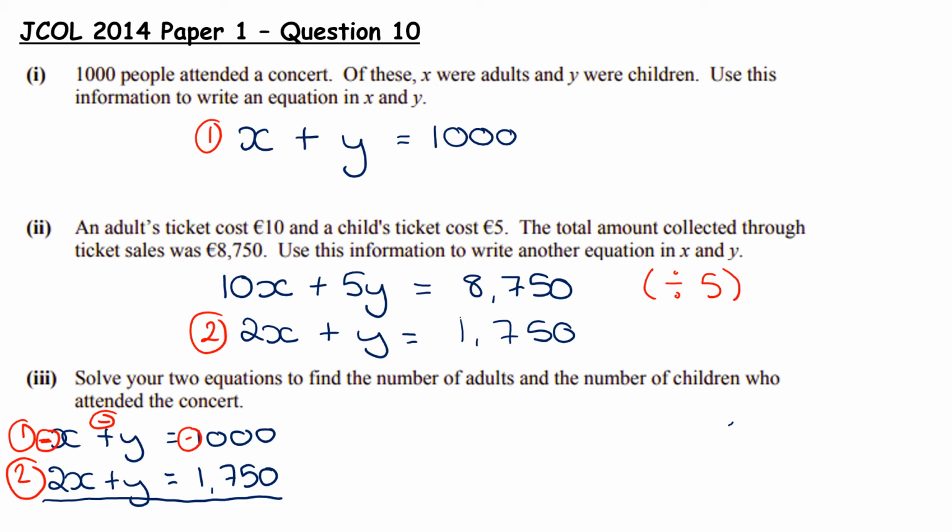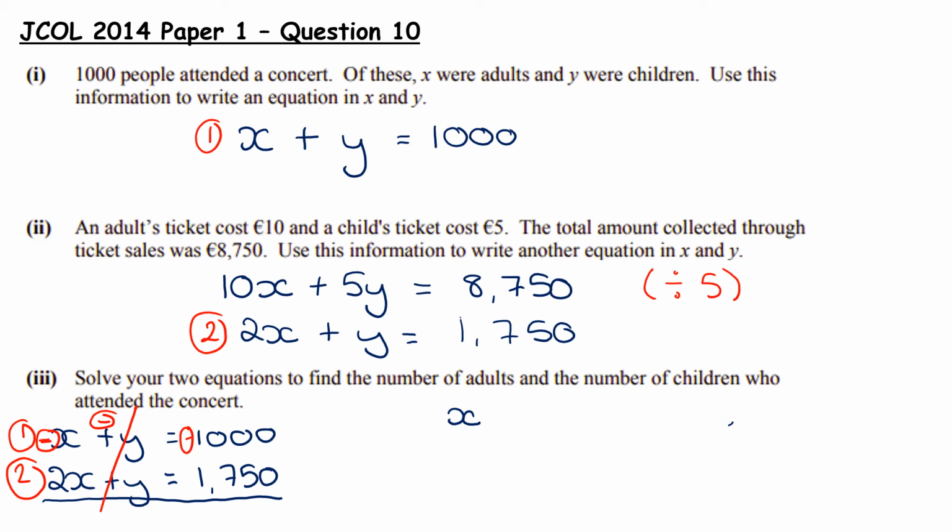It's the same as multiplying by minus 1. So then my y's eliminate, and we're left with 2x minus x, which is x or 1x, and then 1,750 take away 1,000.